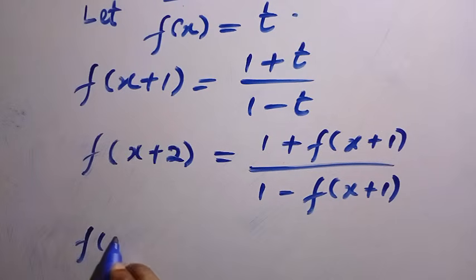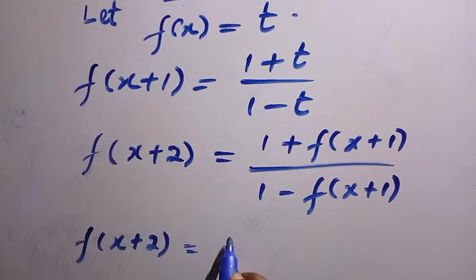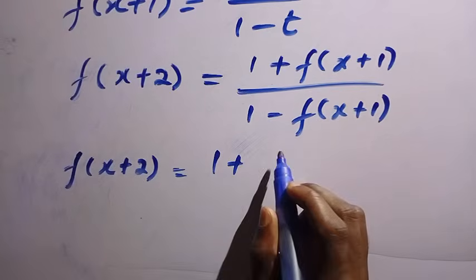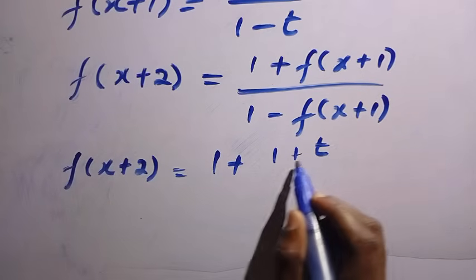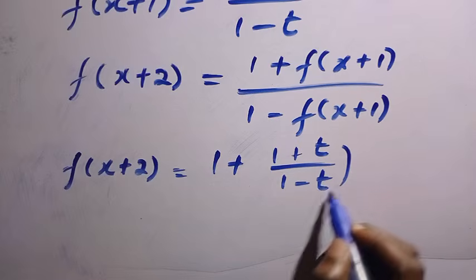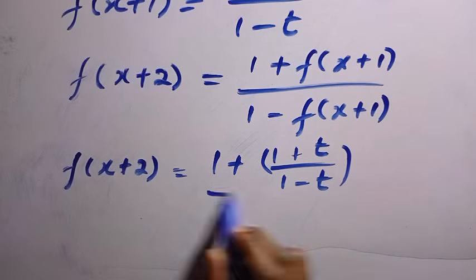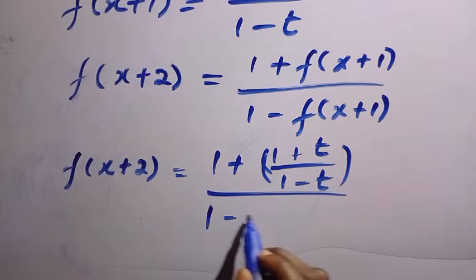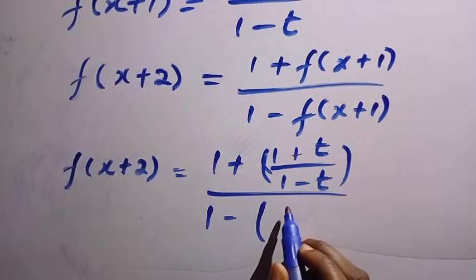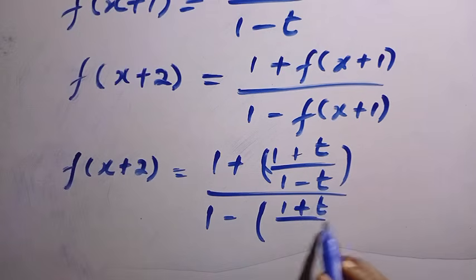So f(x+2) equals 1 plus f(x+1), but f(x+1) is given as (1 + t) / (1 - t), so we have to replace it. By replacing it, we have 1 plus (1 + t) / (1 - t), in brackets, divided by 1 minus (1 + t) / (1 - t).